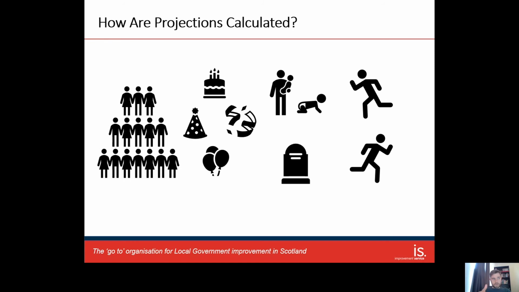Usually you would break down your migration into internal, so moving within, say, the United Kingdom, and external, so those coming from outside the UK. But in this case, in our population projections, we haven't been able to do that. We simply cover net migration in total. And you repeat this process again and again until you get to your target year.